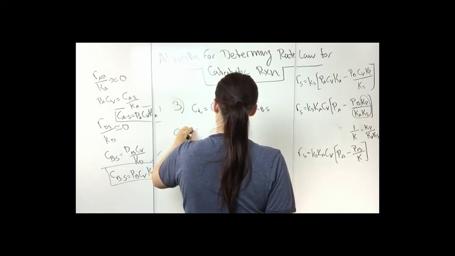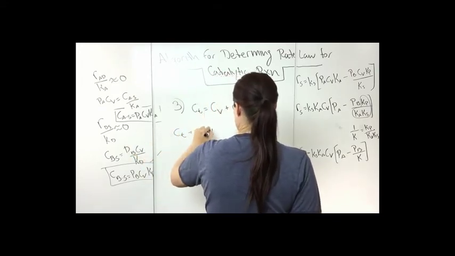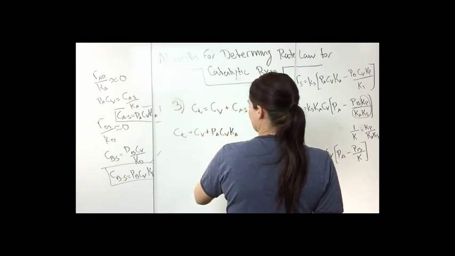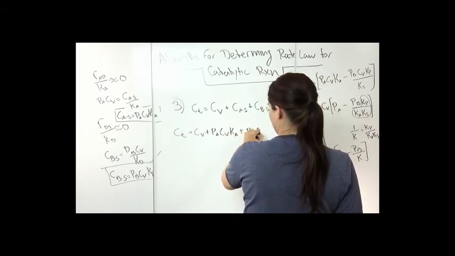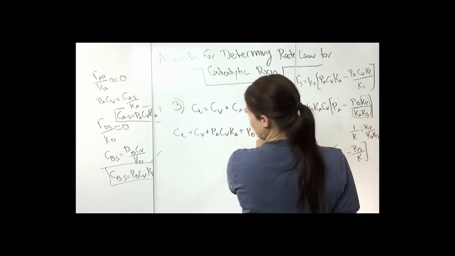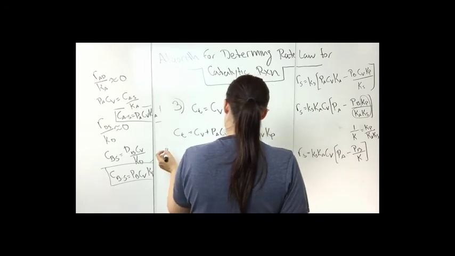CT is equal to CV plus CAS, which was PA CV KA, plus CBS, which was PB CV KP. So then we can solve this for CV.